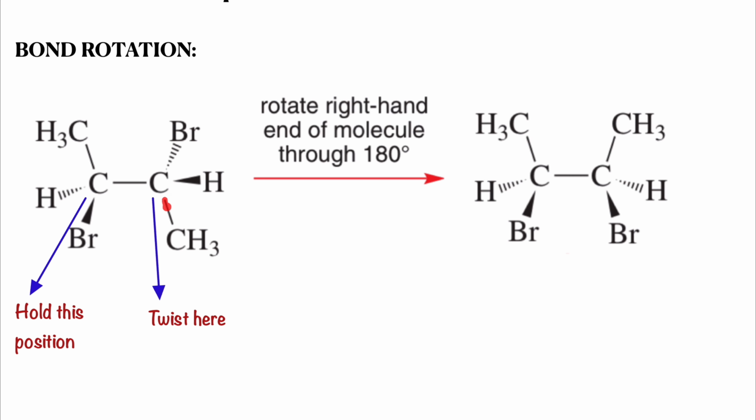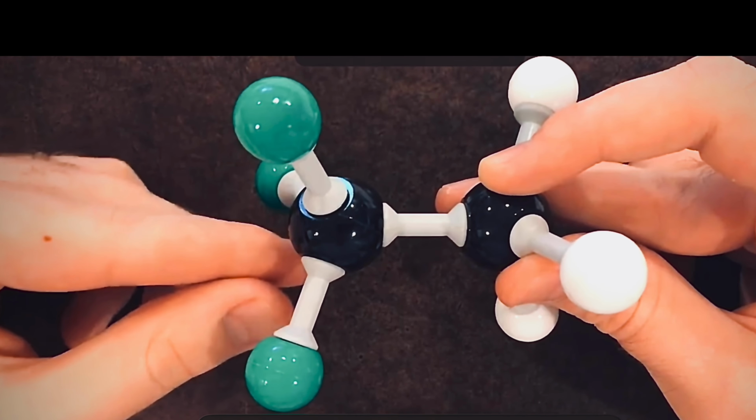Here you can see the methyl group is in the plane but below the carbon, but now the methyl group is still in the plane but above the carbon. Bromine is below the plane, now bromine will be above the plane. Hydrogen is above the plane, and here hydrogen will be below the plane. So once again, it is not the rotation of the molecule, it is rotation of the bond.